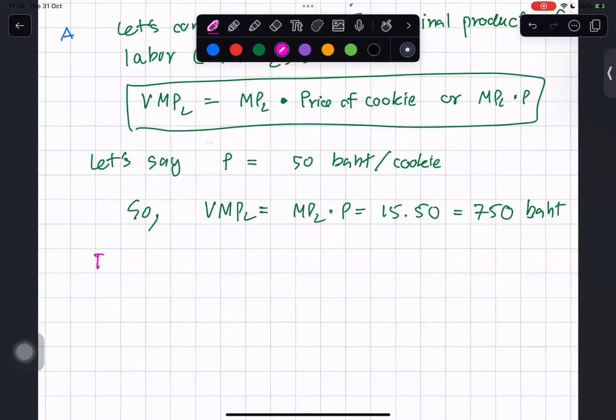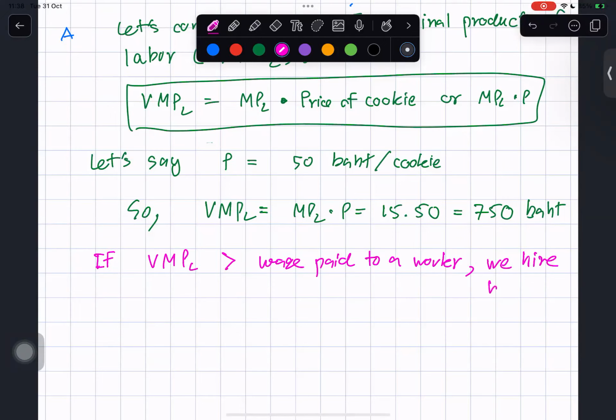Then the principle would be, if the value of marginal product that we received is above the wage we have to pay to this guy number 4, let's say we have to pay 300 baht, oh, then it's worth hiring this guy. VMP greater than W. And this is W.